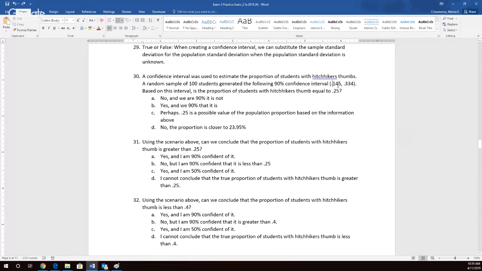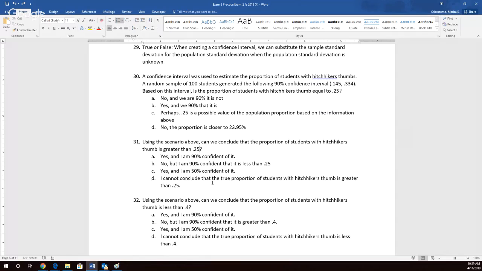It could be 0.145, or it could be 0.334, or it could be 0.24 or 0.26. So I can't say that it's greater than 0.25. It could be less than that. It could be greater than that. I can't say that it's going to be greater for sure, or at least 95% confident.